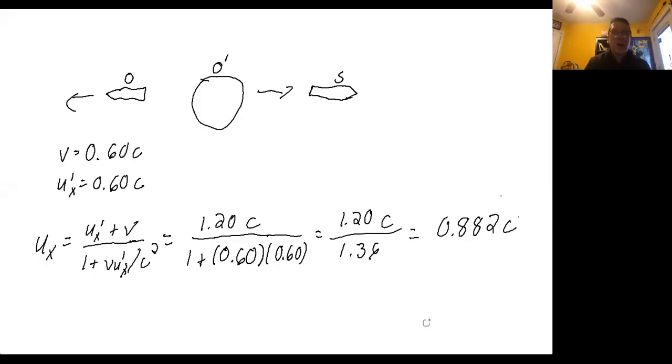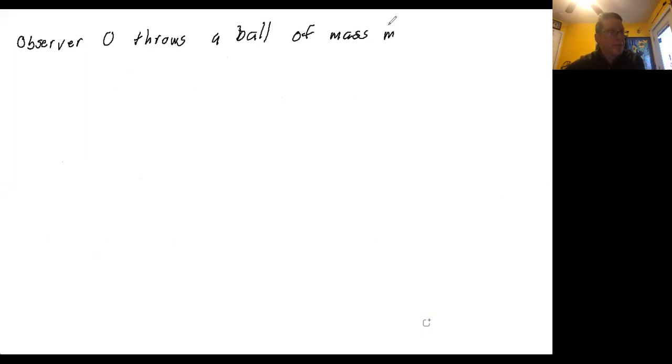We have an observer O, who throws a ball of mass m, we'll call that ball A, in the positive y direction, with subrelativistic speed u.